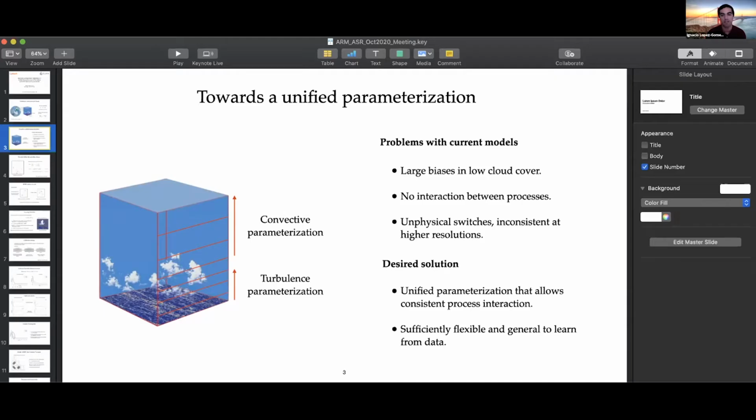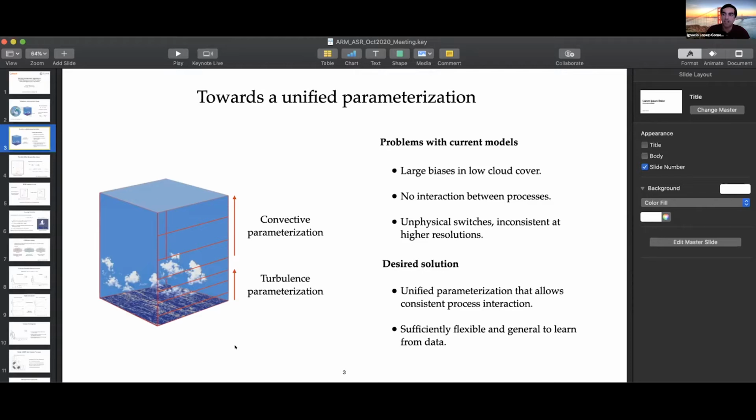So we might have parameterizations of turbulence and convection, which are different and do not interact at the subgrid scale level. And there might also be unphysical switches in the model. And here I'm showing on the figure, where we might have parameterization for boundary layer turbulence in the bottom levels of a GCM column. And then we might have a switch that activates a convective parameterization above that.